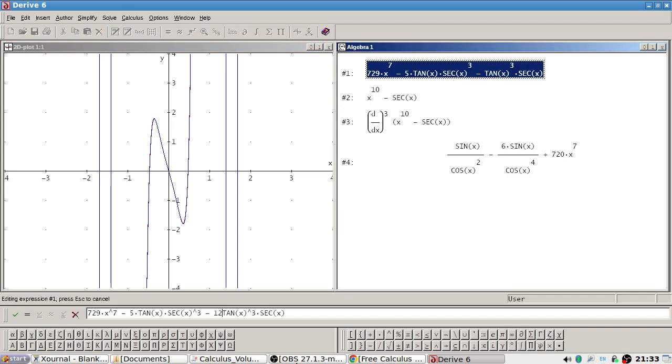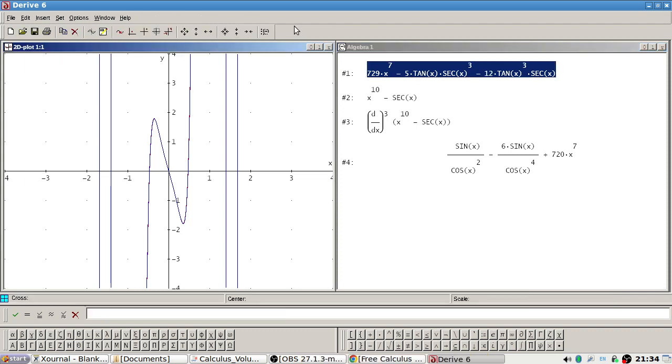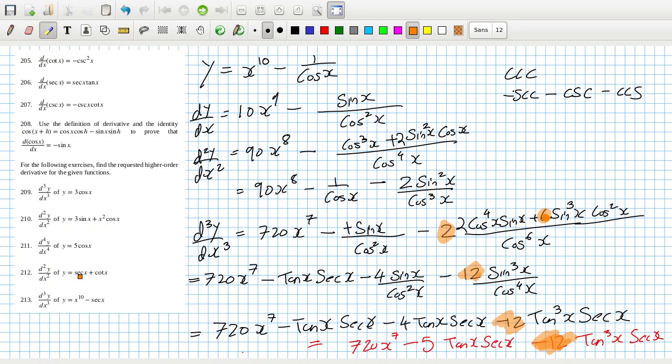Unless there's a tiny chance this works as well. That would be extremely wishful thinking. Ooh, it's off a little bit. All right, I didn't screw up. Okay, looks okay.